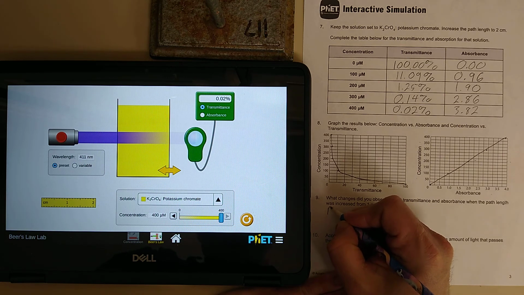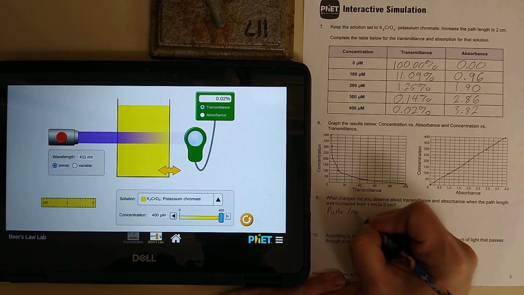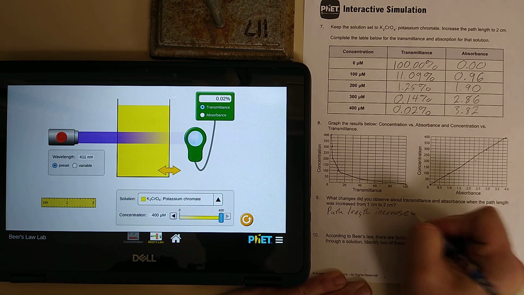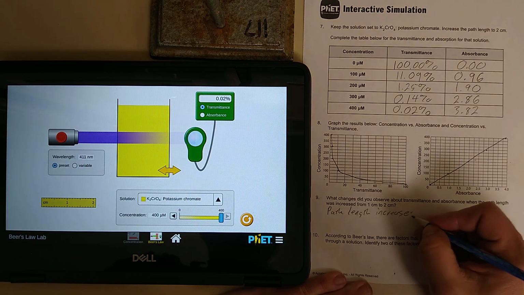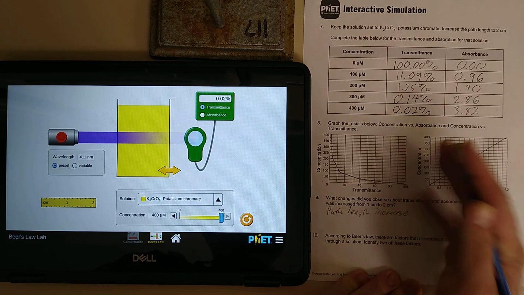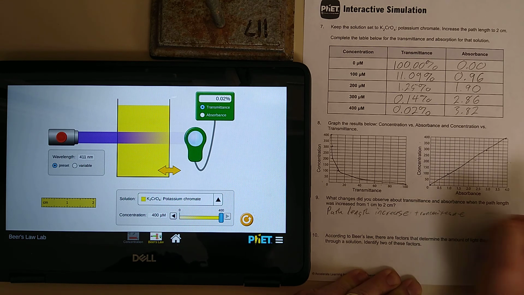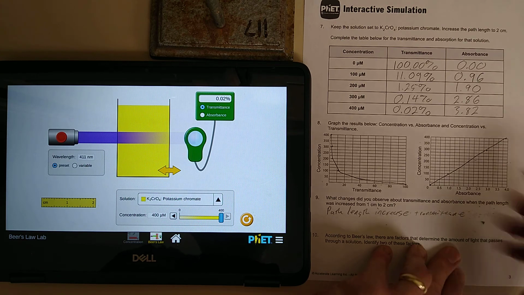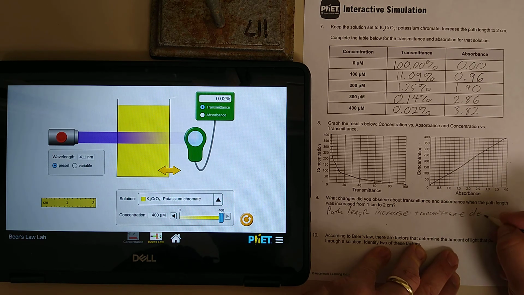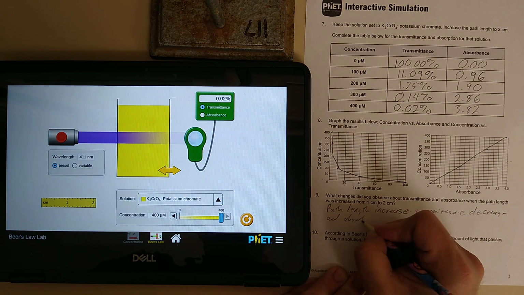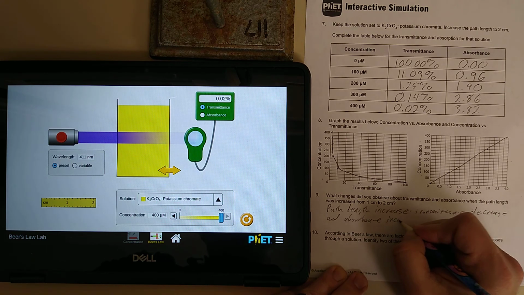So when the path length was increased, that caused transmittance to decrease and absorbance to increase.